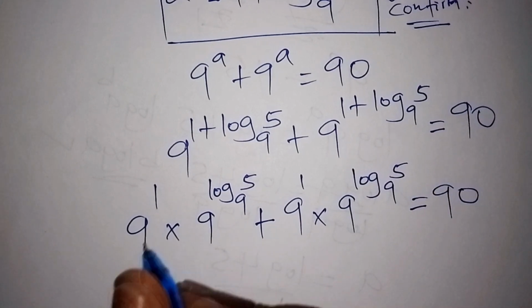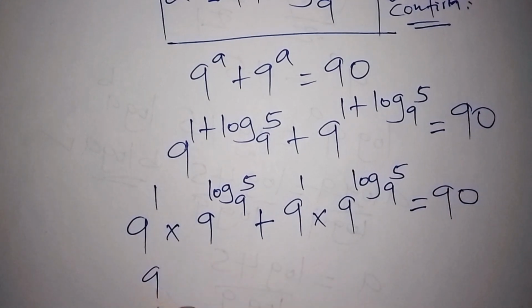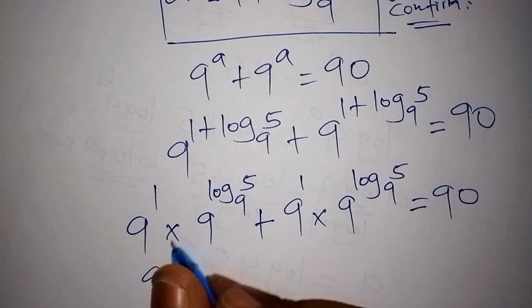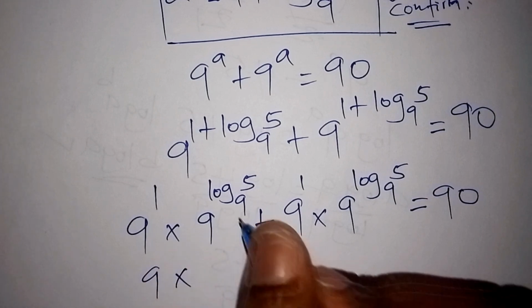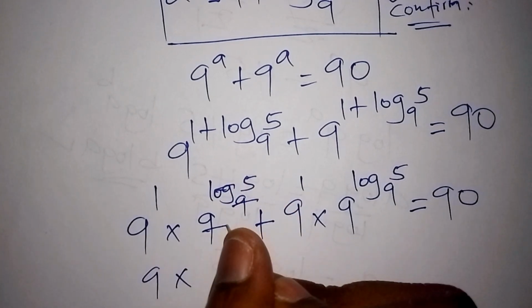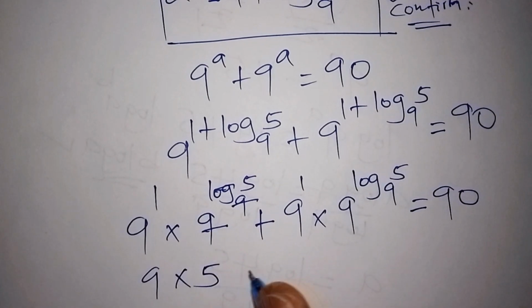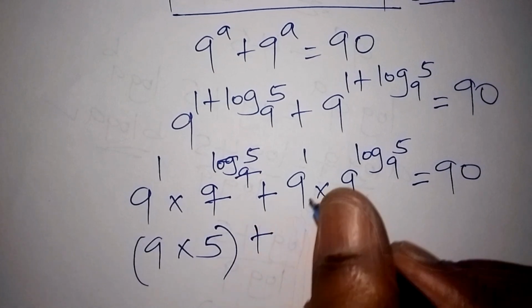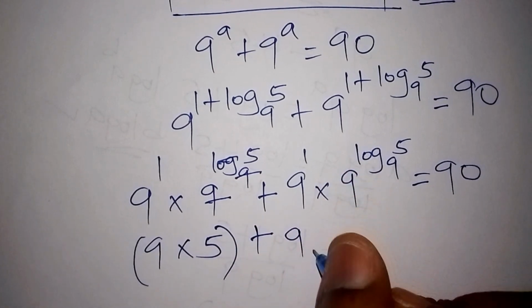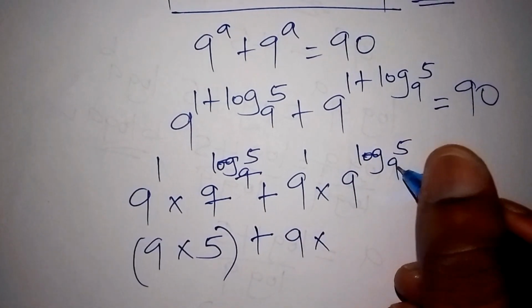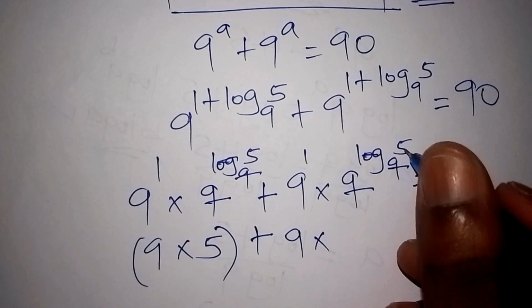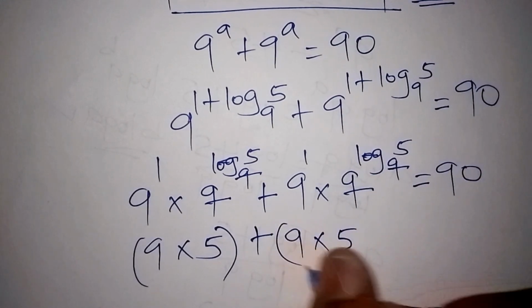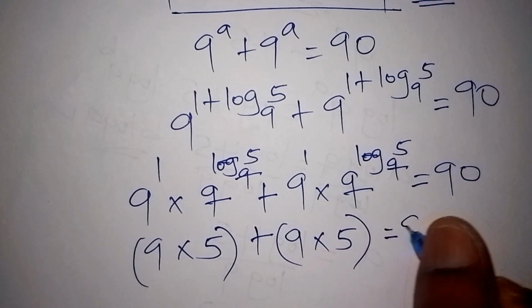Here 9 to the power of 1 is 9, multiplied by 9 to the log of 5 to the base of 9, where the log to the base of 9 cancels this 9, so we have 5, in brackets. Plus 9 to the power of 1 is 9, multiplied by the same, which again leaves 5, in brackets, equal to 90.